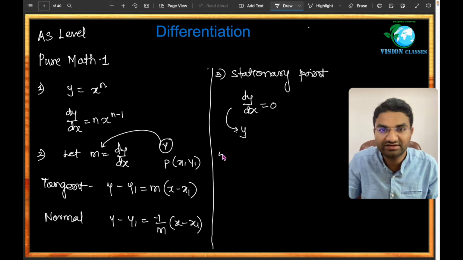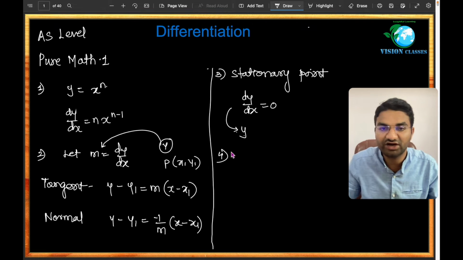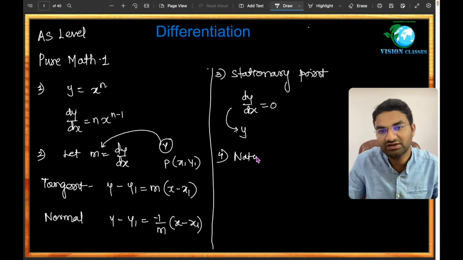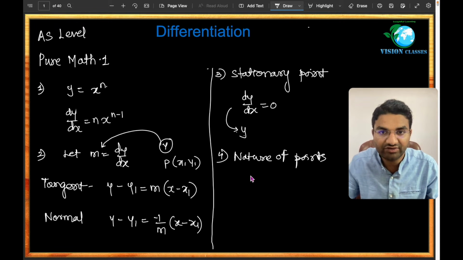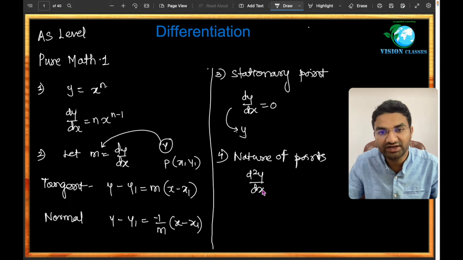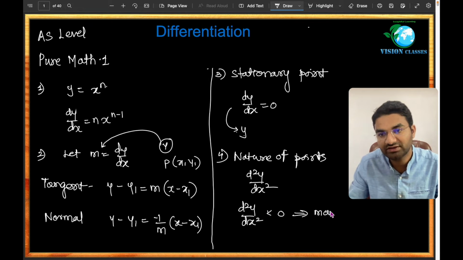It's a turning point, either a u-shaped or upside down u-shaped curve. Then last here is the nature of a stationary point. How do you find the nature of the points, either maximum or minimum? We have to take the second derivative d2y by dx squared. If d2y by dx squared is less than 0, then it's a maximum point.